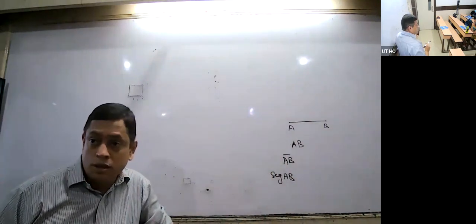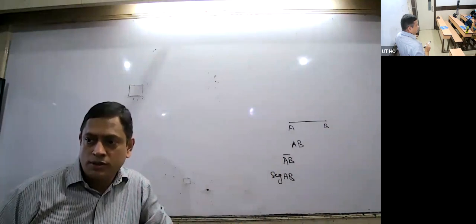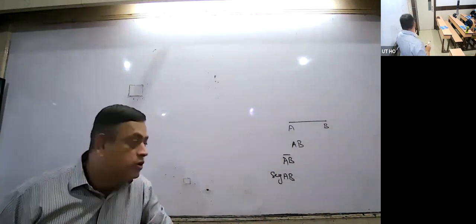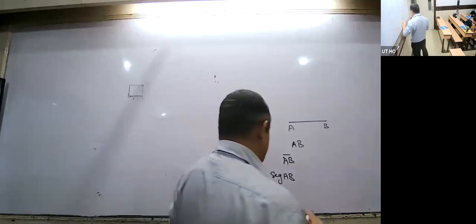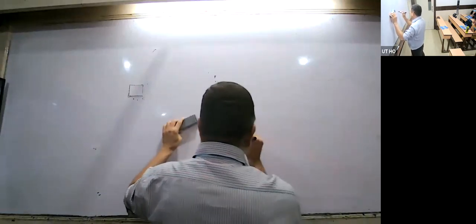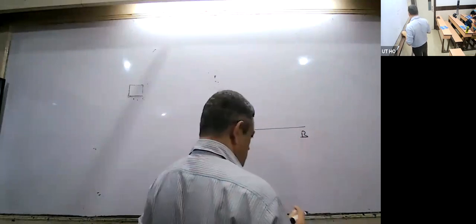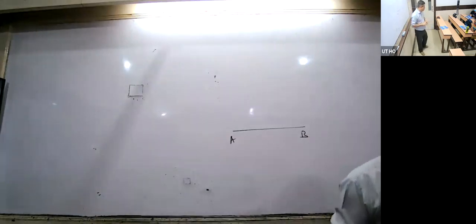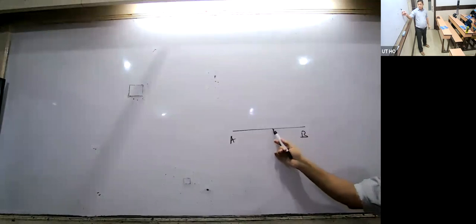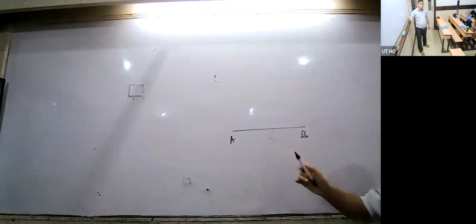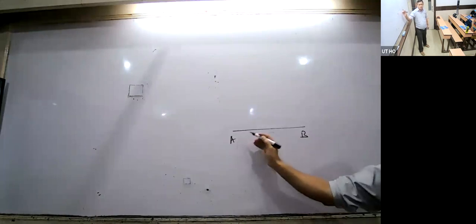Can you find the midpoint of this segment? Yes. If it is a segment, it has a definite length. What do you mean by midpoint? It divides the segment into two equal parts. C is the midpoint means the length of AC and the length of BC are equal.